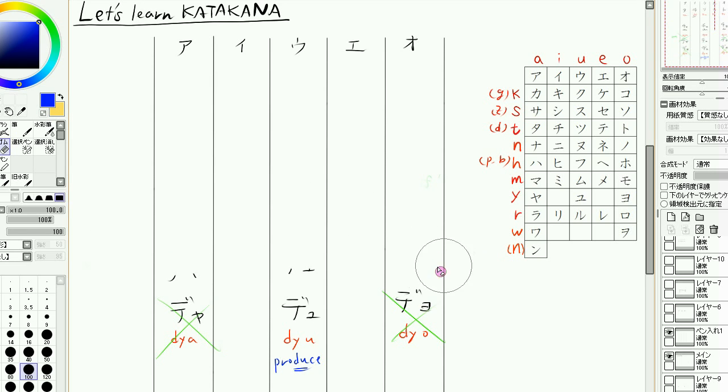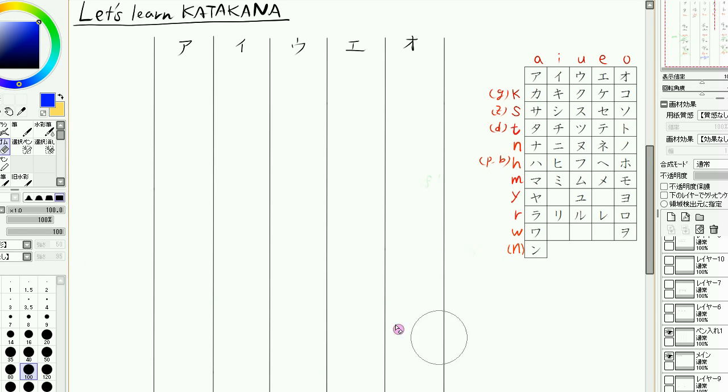We have to learn so many. Okay, the next one is N-row. N-row is rarely combined with these small vowels, but actually, I sometimes see this one. Ni plus small e. Nie.